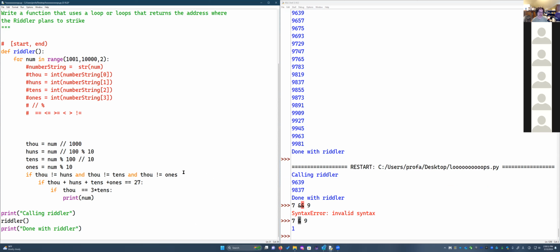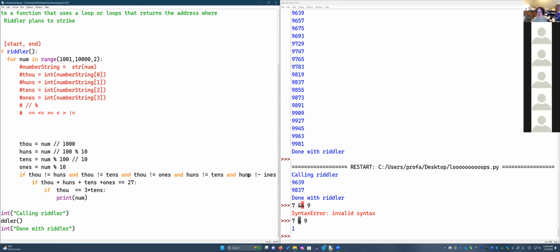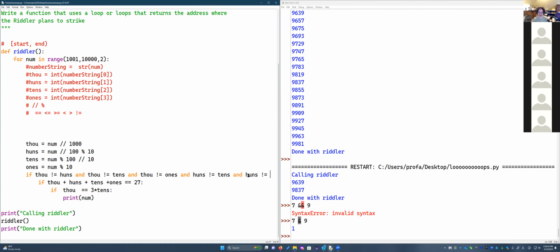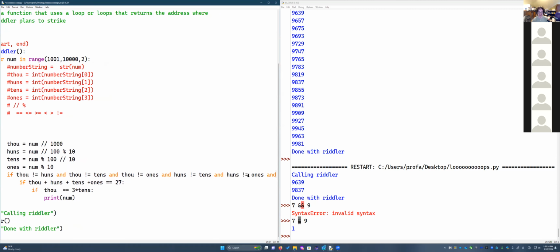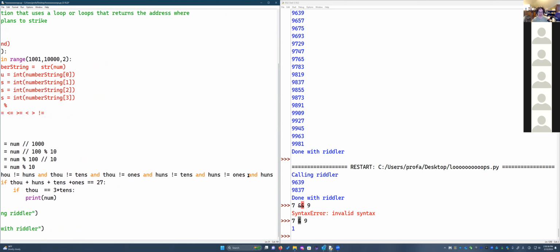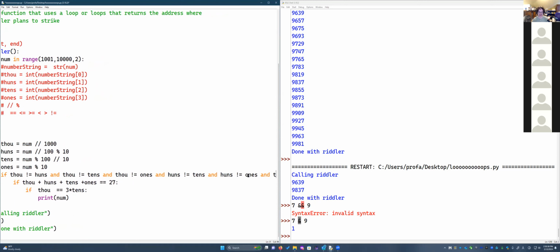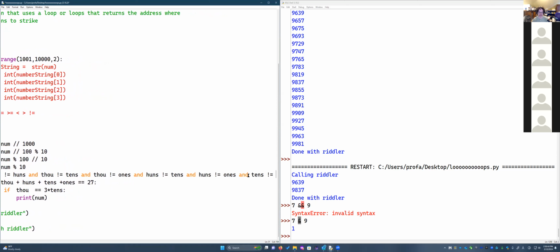Thou and huns, thou and tens, thous and ones, and huns is not equal to the tens. So we've checked the thousands again that are not equal to all the others. Now we say, and the huns are not equal to the tens, and the huns are not equal to the ones, and the tens are not equal to the ones.